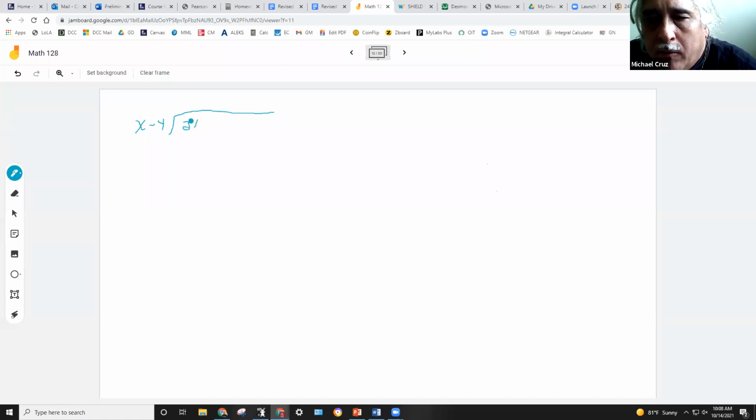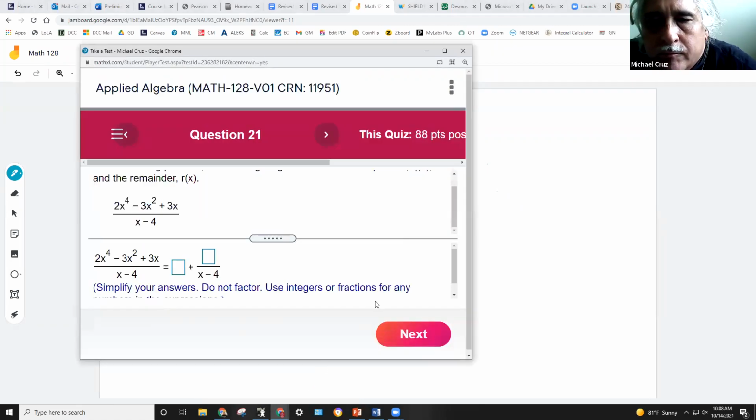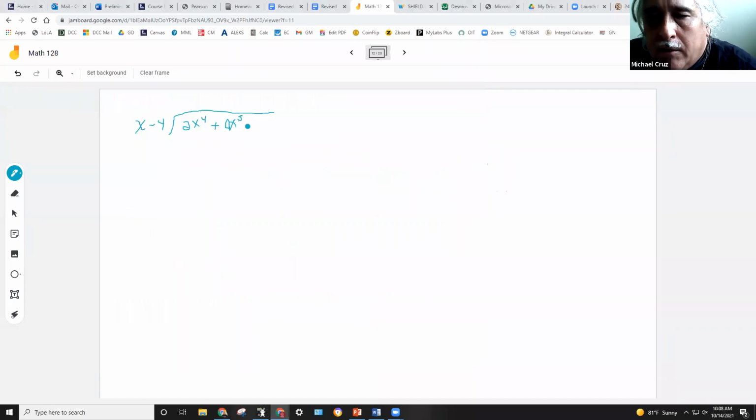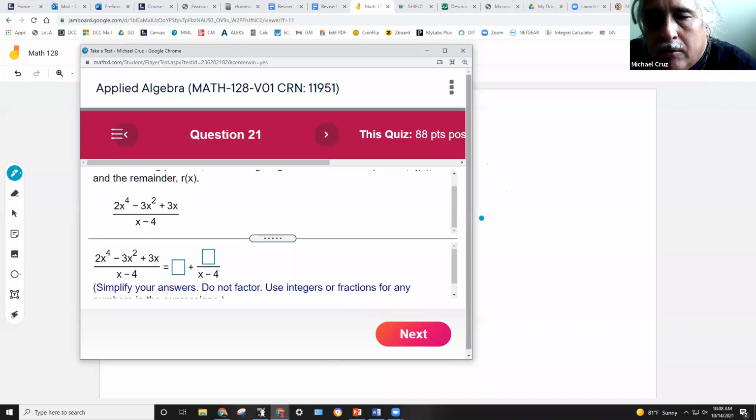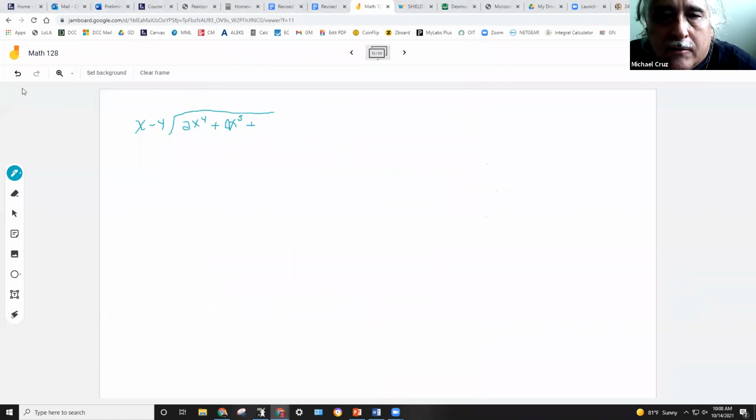And you got to remember, if you're skipping any, you got to put a placeholder. So there's no cube, there's a square, there's one of those, and then it doesn't matter about the last one. You can put a 0 there, but it doesn't really add anything. And then it's minus 3x squared.